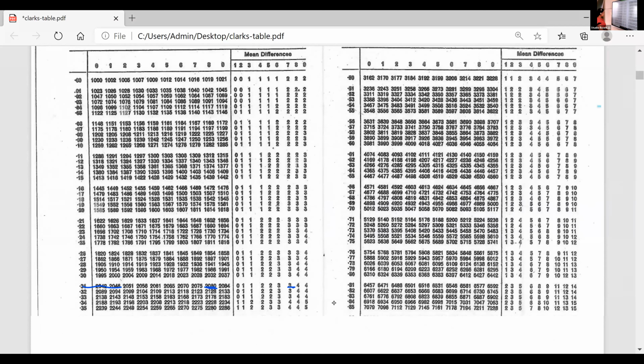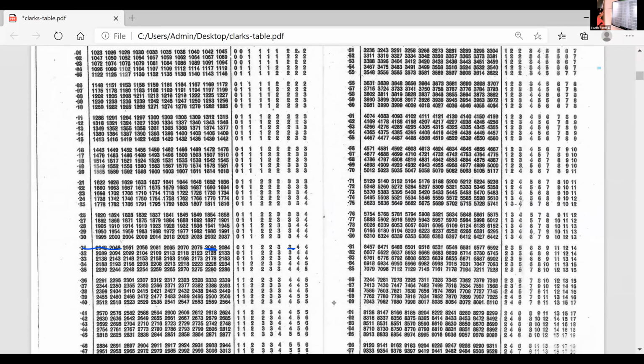What will you get for 0.376? The 2 you have to take from the mean difference and add. So what is the antilog of 0.3762? 2378.